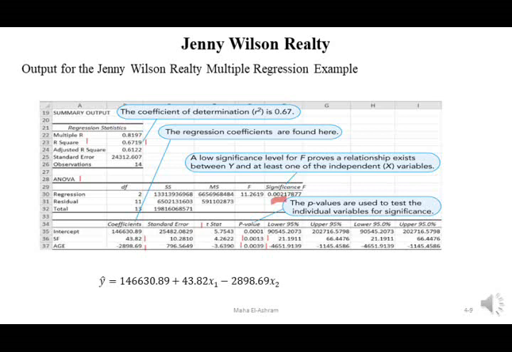Now, if I want to test the other coefficient, which is beta 2, H0 will be beta 2 equals 0, and H1 will be beta 2 is not equal to 0. So we will use B2, which is the estimator of beta 2, and here is the p-value corresponding to the test of the significance of beta 2.